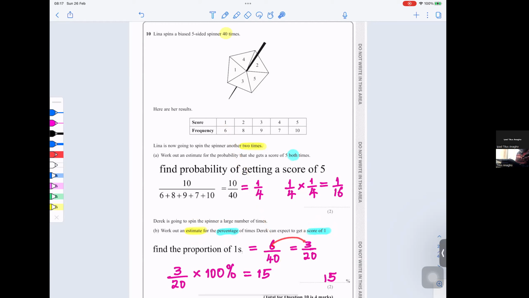Simplify that, half of 6 is 3, half of 40 is 20. Change that to a percentage, you multiply by 100%. So the way to do it is 100 divided by 20 is 5. 5 times 3 gives you 15%.